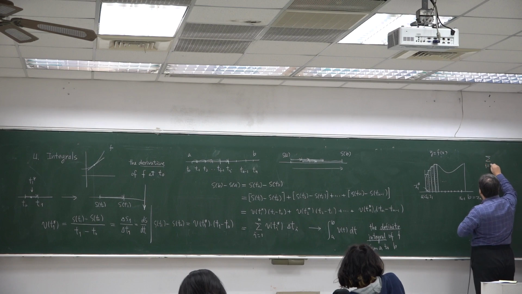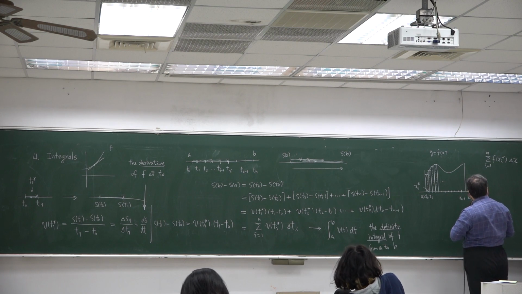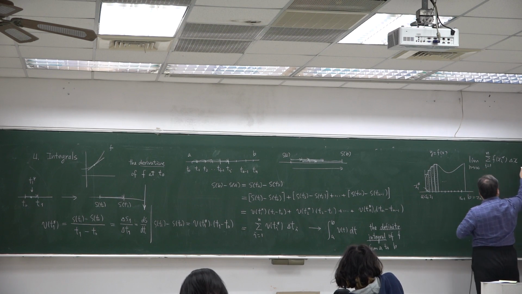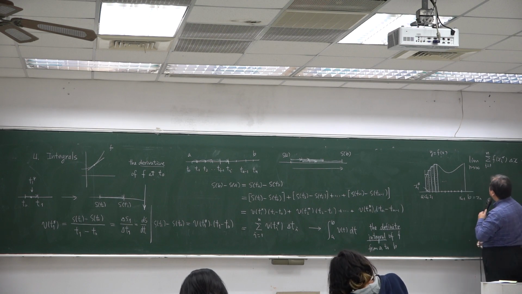The sum of f of x_i star times delta x, if f is continuous, it seems that when n goes to infinity, this limit will exist and equal the area.